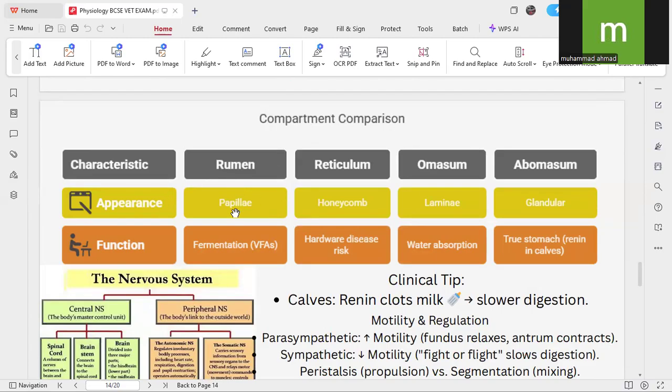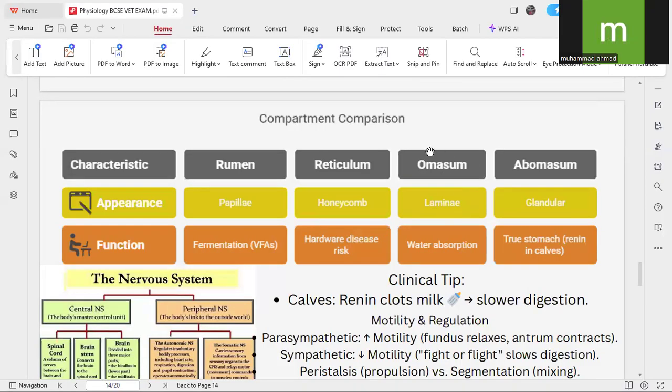First is the rumen, which has papillae and involves fermentation, then the reticulum, honeycomb, hardware disease. Hardware disease: the honeycomb is involved in capturing stones and metals, so it protects the animal from further injury.